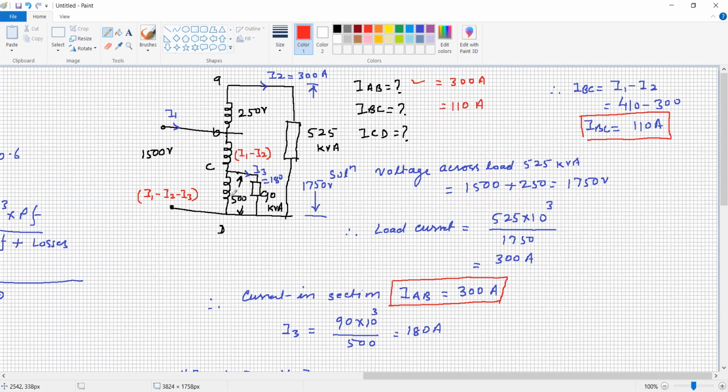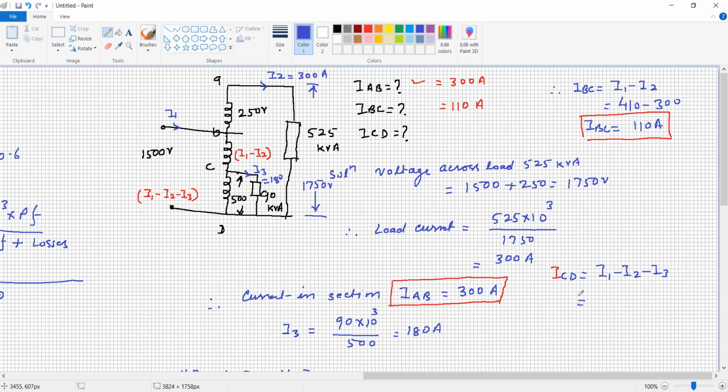Now last, C to D. What is C to D? ICD is equal to I1 minus I2 minus I3. Since all loads are given at unity power factor, simple arithmetic sum is sufficient.